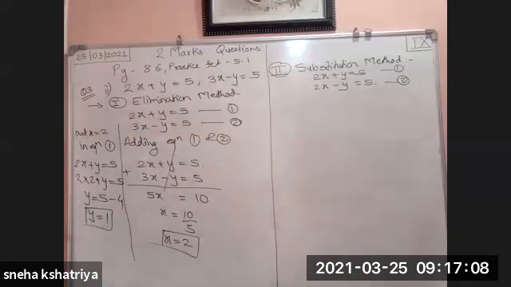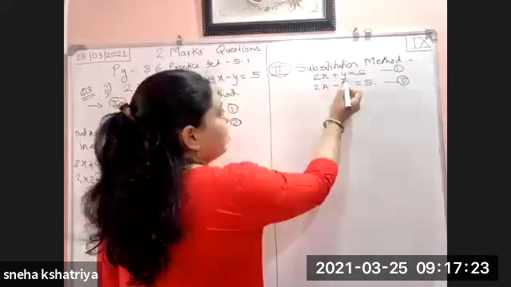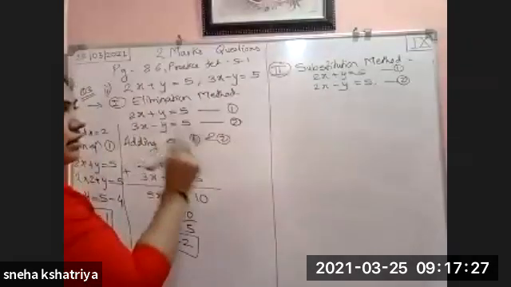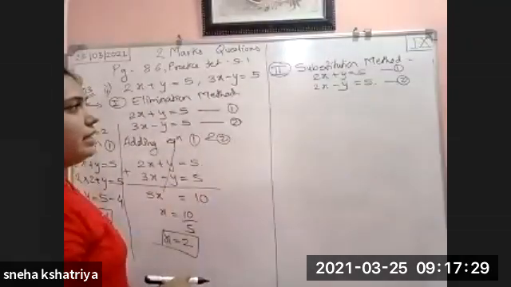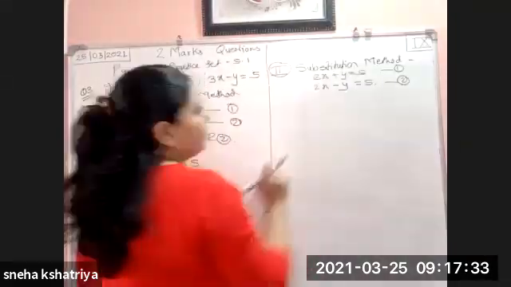As I have told you, from any one equation you have to find the value and put it in the second. So from equation 1 we can find out, see here, y is a single number. It is not multiplied by any constant number, so it will become easy to find the value of y.